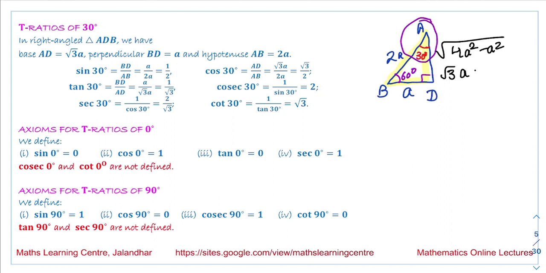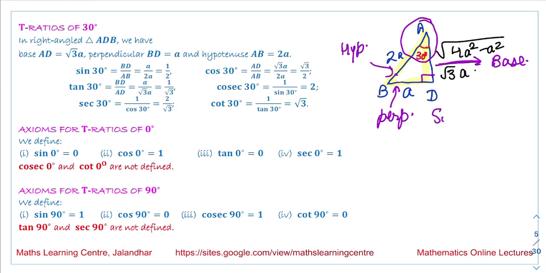This angle at D is 90 degree. Now we are not looking at this angle 60 degree. We are talking about the angle 30 degree over here. So what we get is that this is the base now. This side we are talking about. This is the base. This is the perpendicular. And this is the hypotenuse.